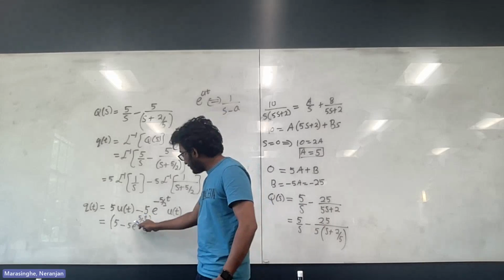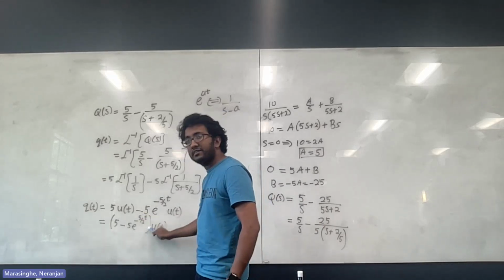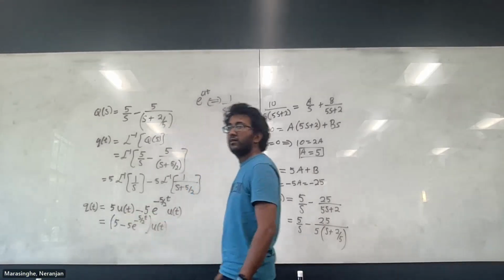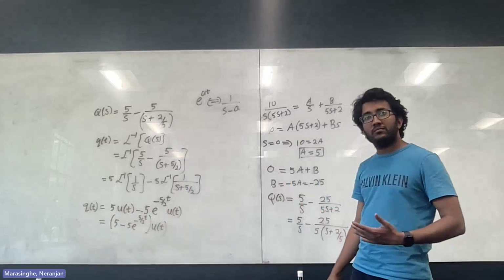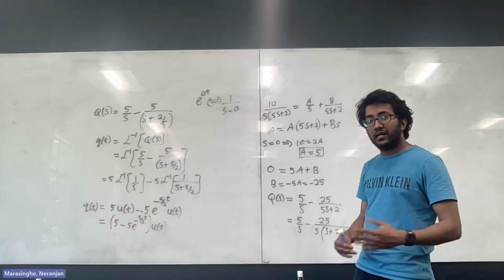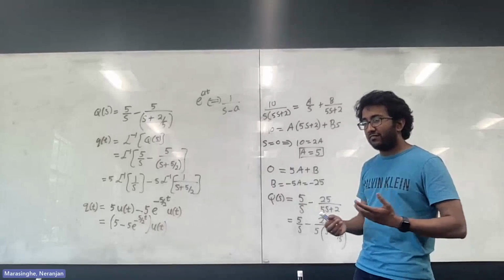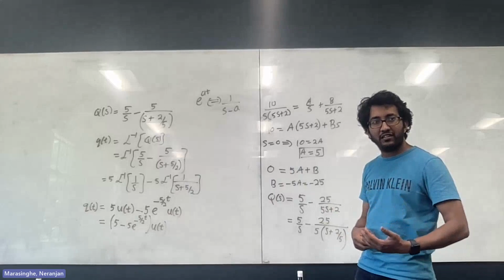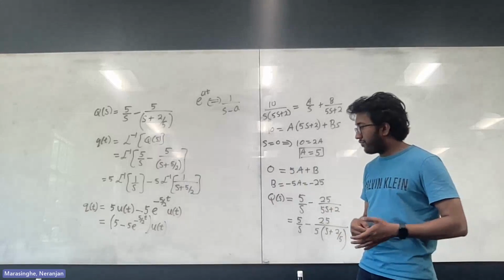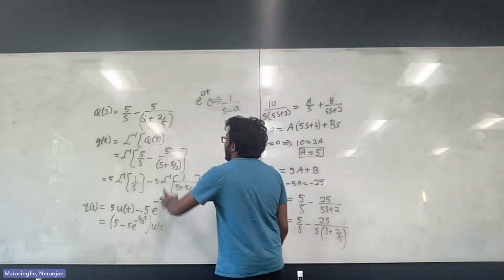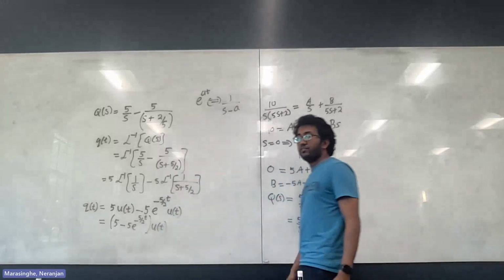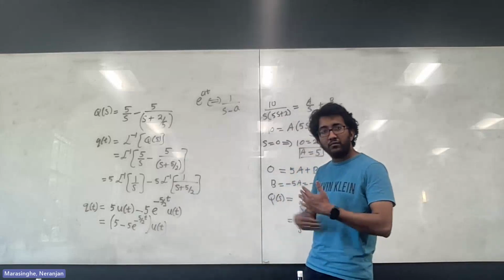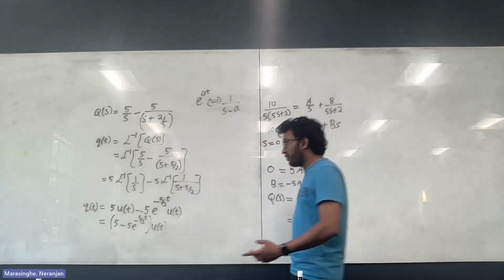So there's a minus sign, so e to the minus infinity would go to 0, so you would get 5. Or you can apply the final value theorem that we discussed. Because in most systems, we are interested in the case where time goes to infinity. In that case, if it is difficult to find q(t), we can apply the final value theorem also. But in this case, we found q(t), so we can see that when time moves on, q(t) would become 5.